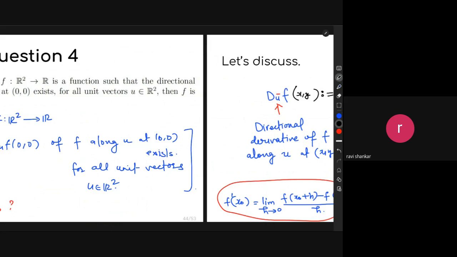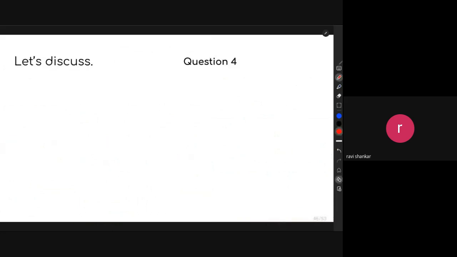So let me draw the axes first and the point 0 comma 0. Sorry for that. This is my point 0 comma 0, and these are the y axis and x axis.